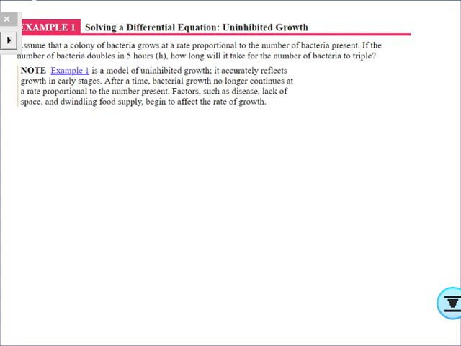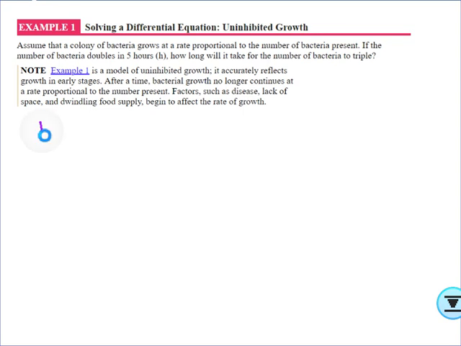Okay, so we are going to assume that a colony of bacteria grows at a rate proportional to the number of bacteria present. If the number of bacteria doubles in 5 hours, how long will it take for the number of bacteria to triple? So if you want to look back through your book, I tried to make this simple and quick.